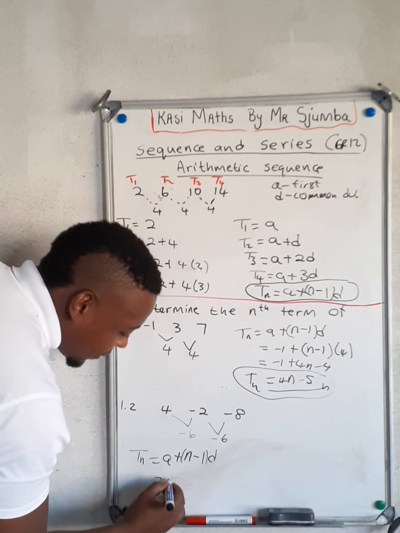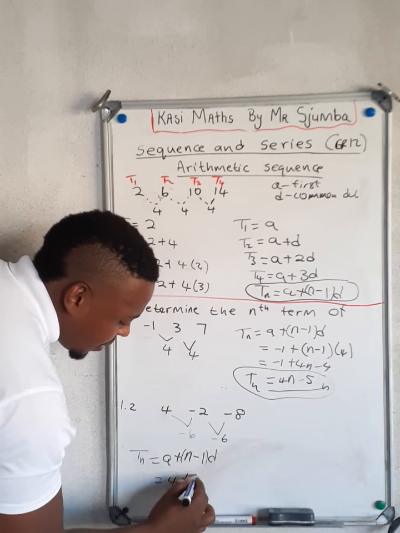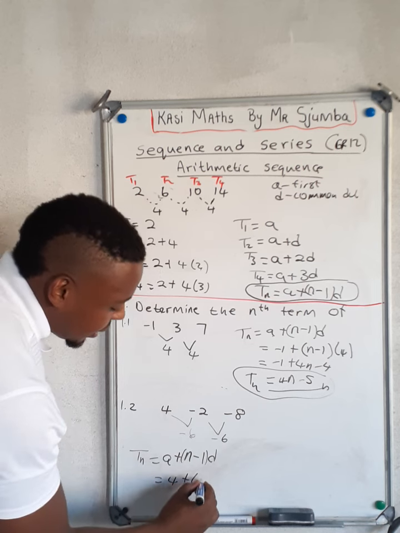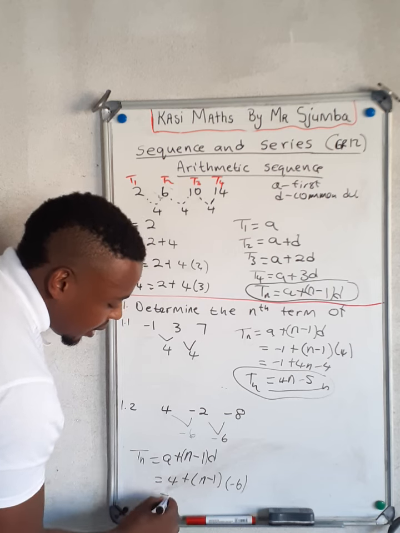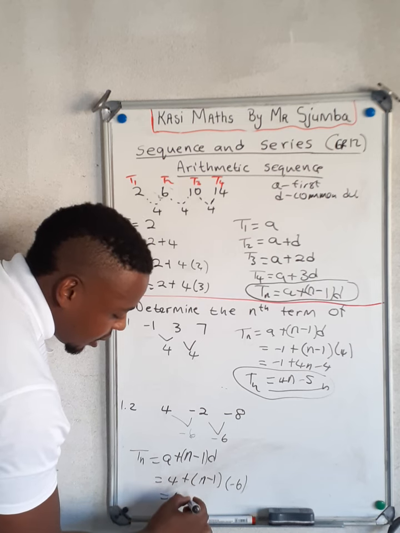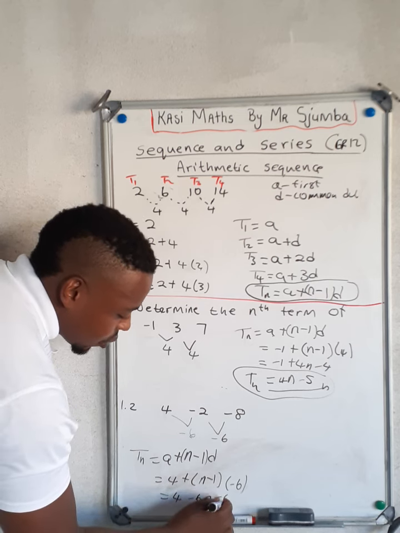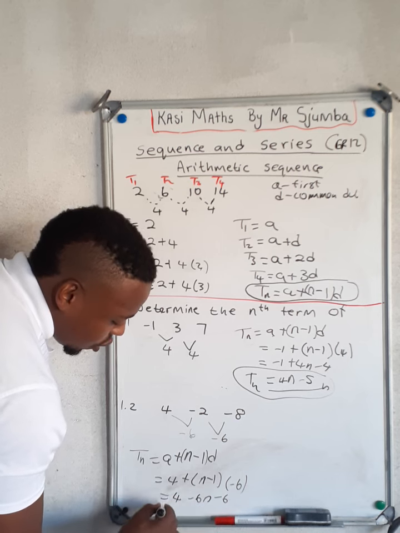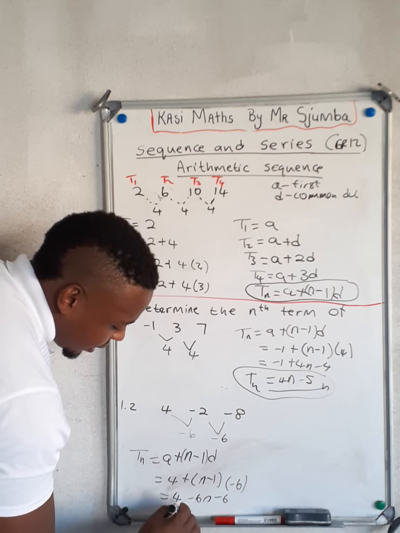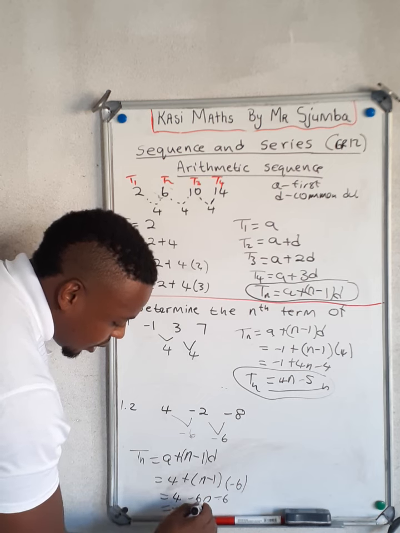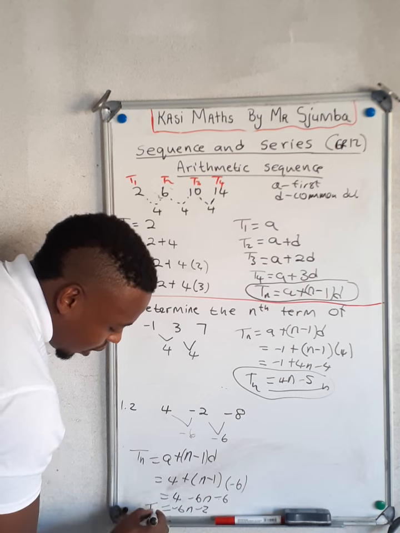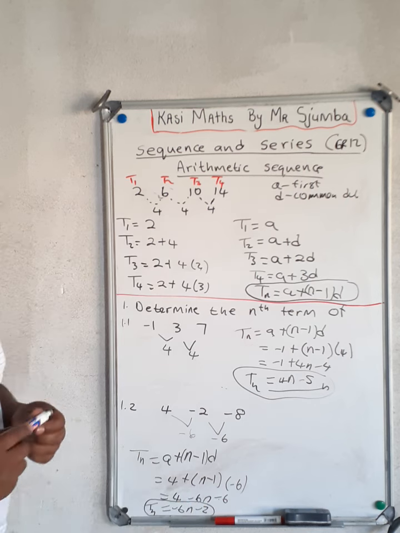A is our first term, which is 4, plus n minus 1, and the difference is minus 6. Then we multiply out: minus 6n plus 6, and then 6 plus 4 is 10. So our formula is this one.